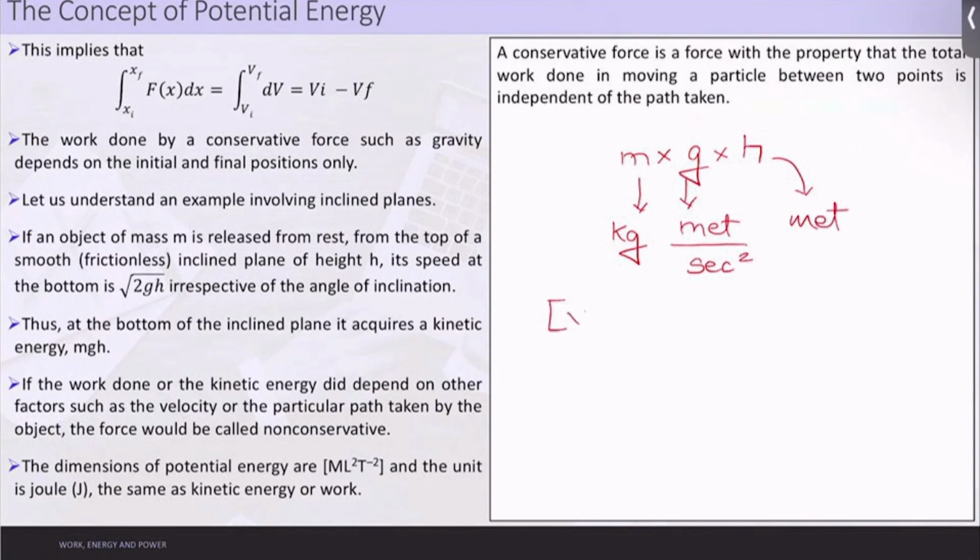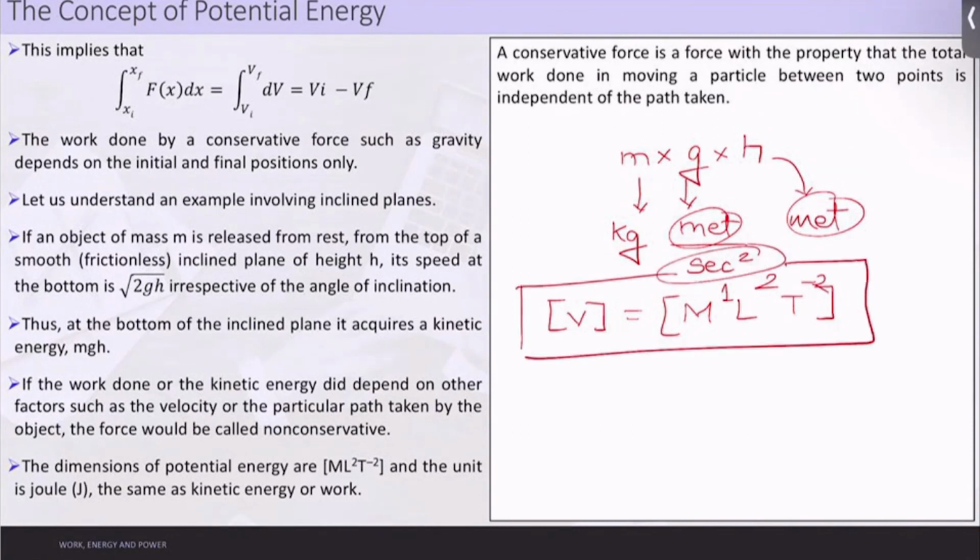If I calculate the dimension in terms of MLT, I will write it as M to the power 1, L to the power 2, and T to the power minus 2. If you remember correctly, this is the same as what we obtained for kinetic energy, and that is how we can use kinetic energy equal to potential energy. The dimensions of potential energy are ML²T⁻² and the unit is joules, the same as kinetic energy.